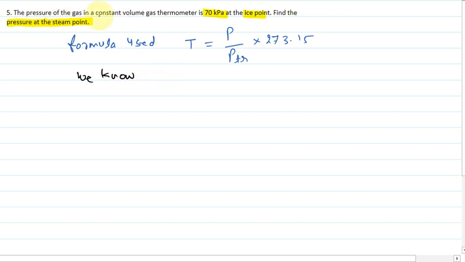The pressure of a gas in a constant volume gas thermometer is 70 kilopascal at the ice point. What is ice point? Ice point is 0 degree centigrade or 273.15 Kelvin, and here it is pressure 70 kilopascal at this temperature 0 degree centigrade. The pressure at this temperature is 70 kilopascal.